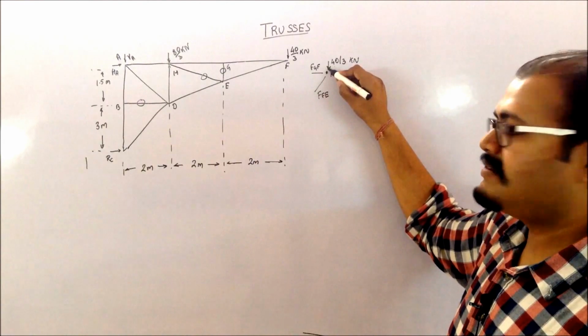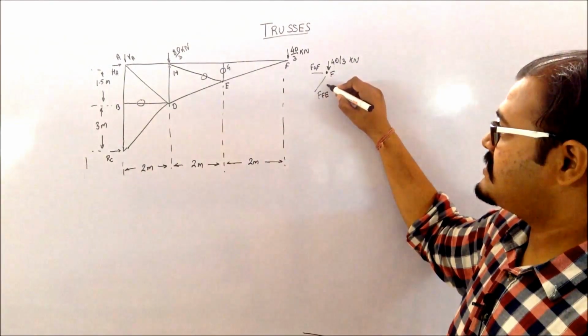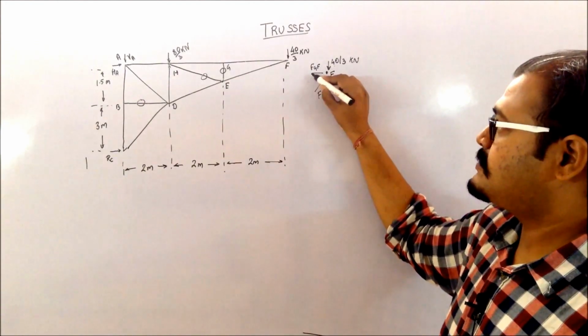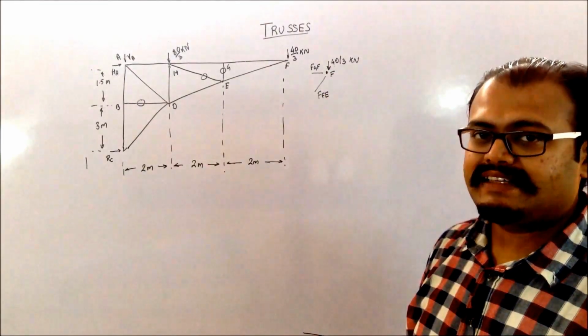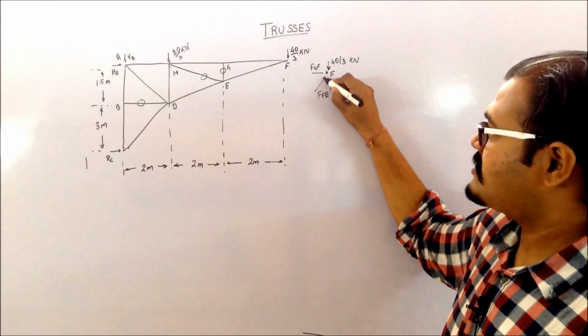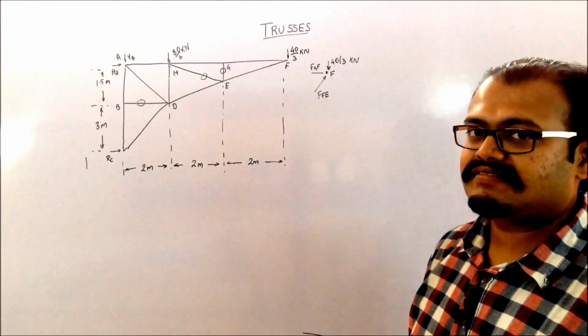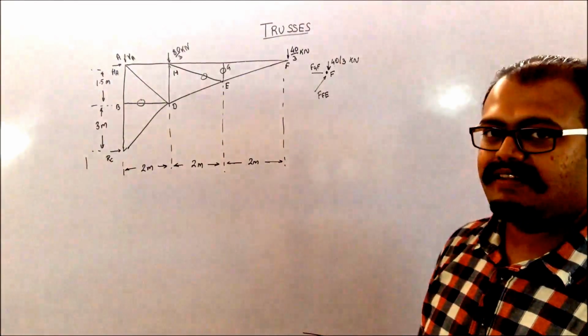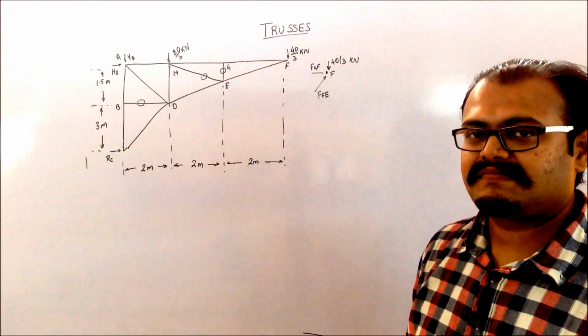So for this force, the compensation can be done by only this particular force, because this force is basically totally in the x direction. So to compensate, this force has to be in this direction. So basically the force in my member FE will be a compression force.